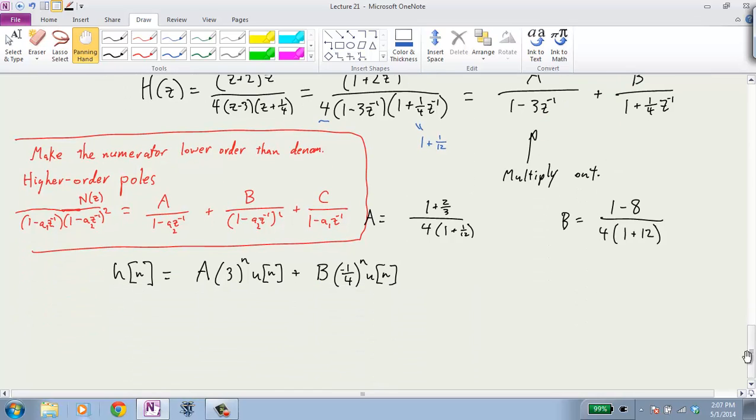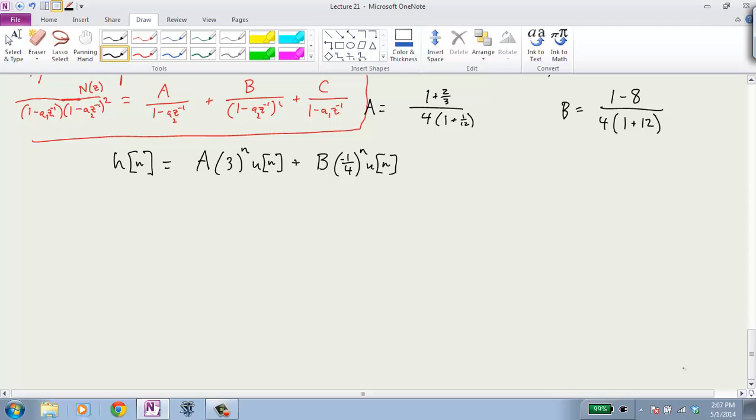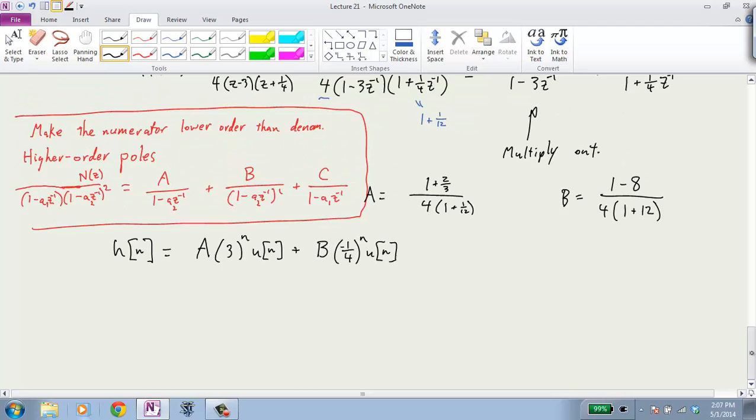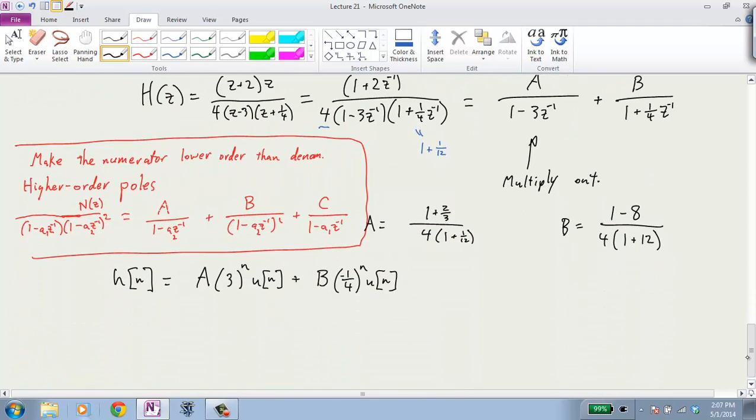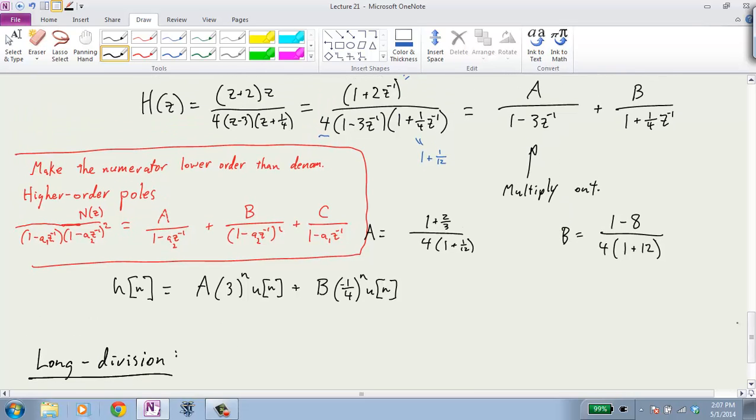Okay. One other thing in discrete time. Let me show you what the long division method is. So let's say I take my example here, and I want to calculate a right-sided or left-sided inverse to this.